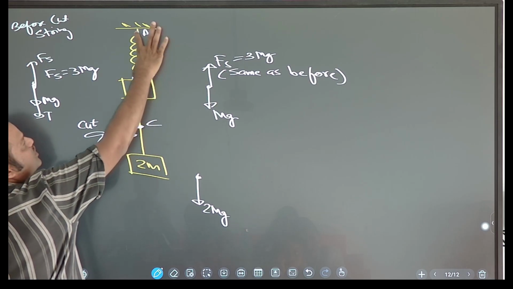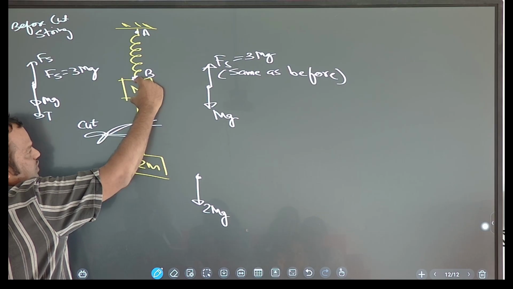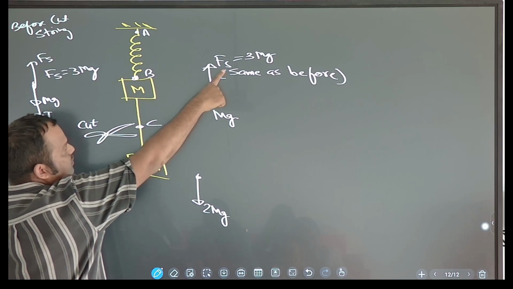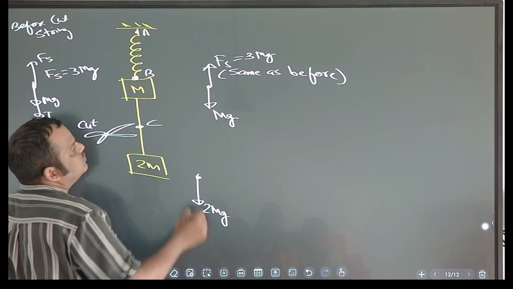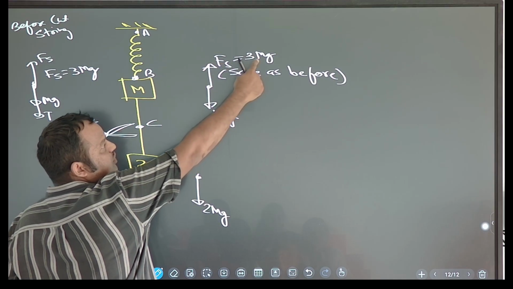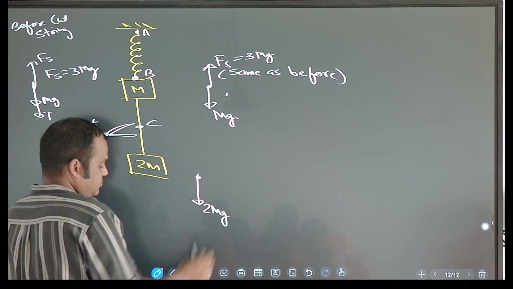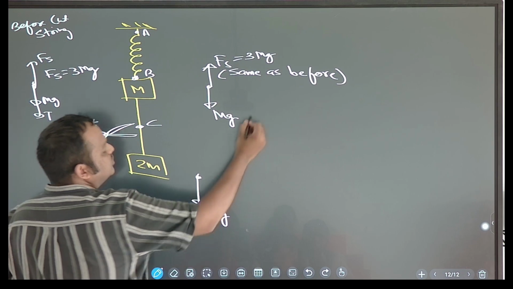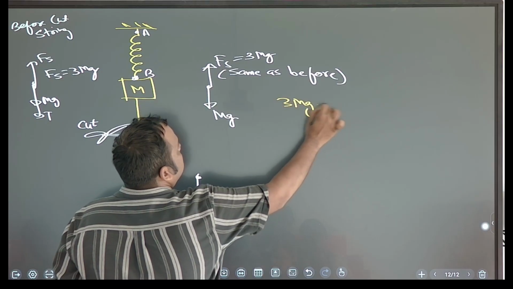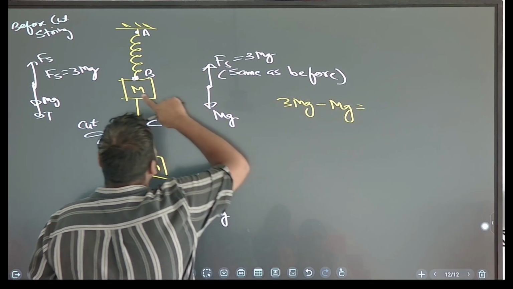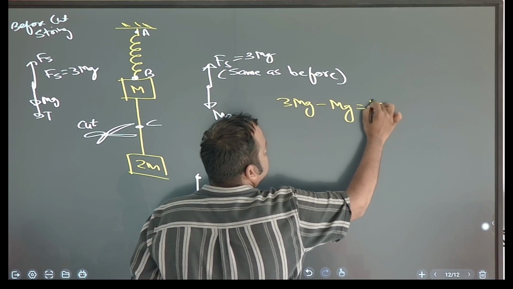Okay. The spring is connected to M. So Fs is there. Fs will be same as before. Okay. So tell me, which force is greater now? 3 mg is greater. So what is the net force? Correct. So 3 mg minus mg is equal to ma.